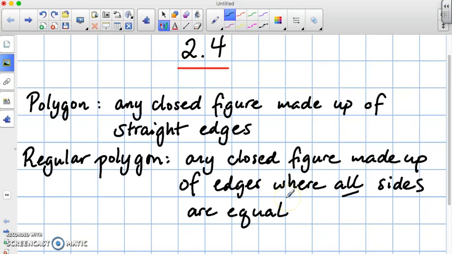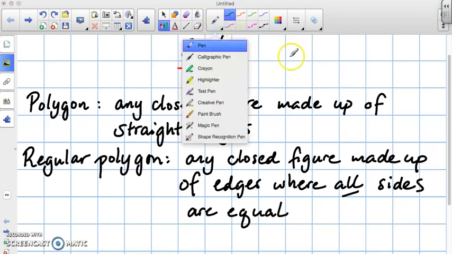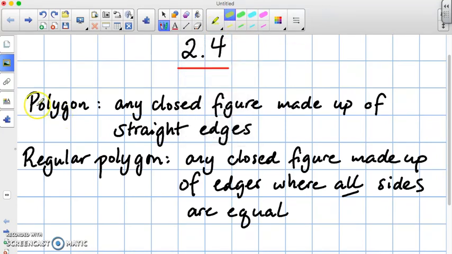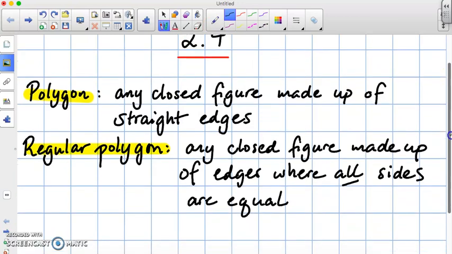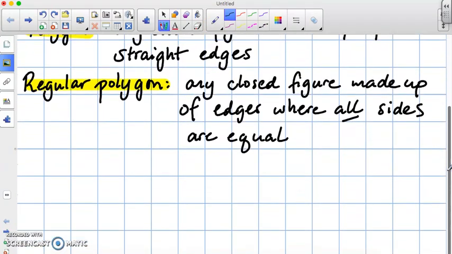So again, a regular polygon deals with any closed figure made up of edges where all of the sides are equal. I'm actually going to take my highlighter and highlight those 2 definitions. Okay, so those are definitions having to deal with polygons, and then the focus of this lesson will be perimeter.